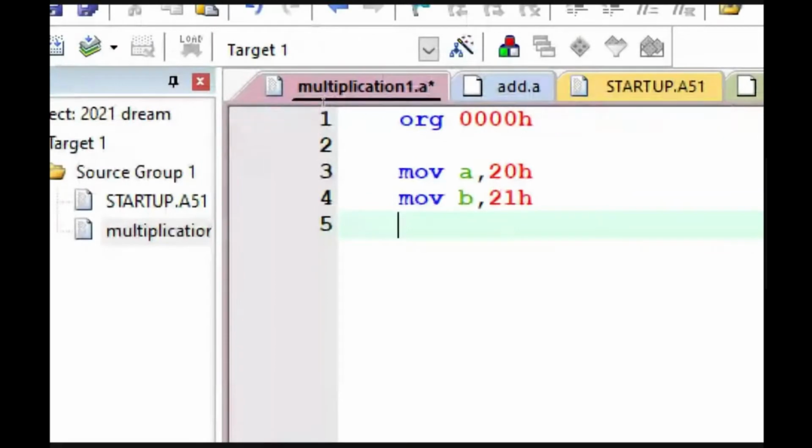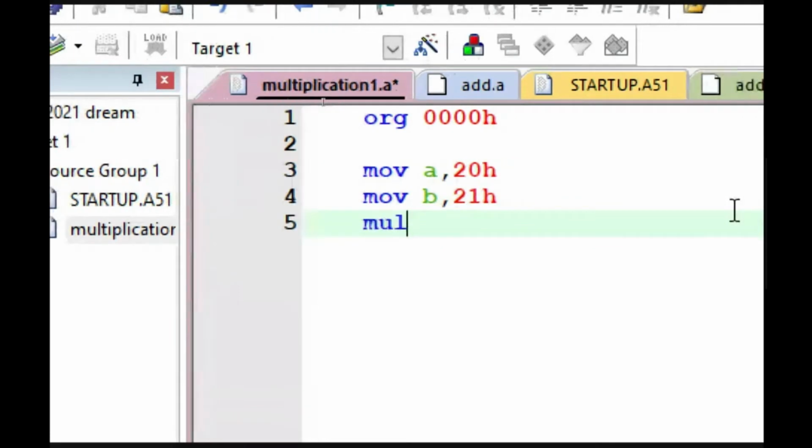So the two 8-bit data to be multiplied are available in 20 and 21 data memory. Hence, bringing one of the data to be multiplied to the accumulator through MOV A, 20H, bringing the second byte to be multiplied to the B register through MOV B, 21H, and our multiplication instruction is MUL AB.